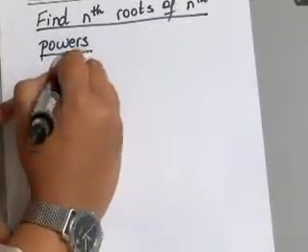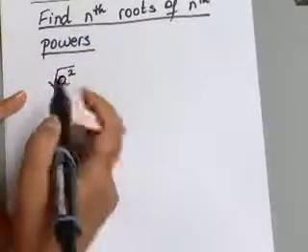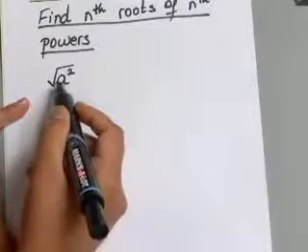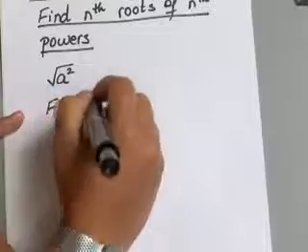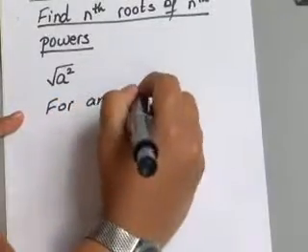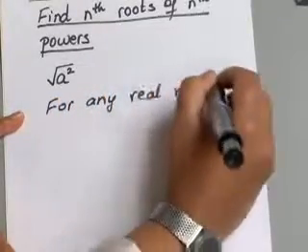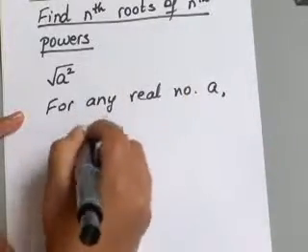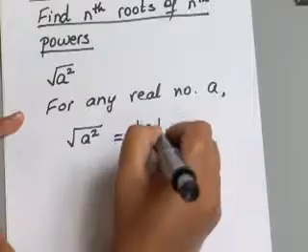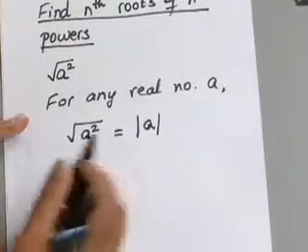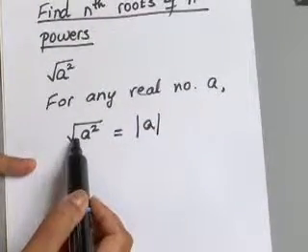You have square root of a squared, or square root of a term squared, however you want to look at it. If you have some expression of this form for any real number a, your square root of a squared is basically the absolute value of a, because if you remember, we had talked about this in the beginning.